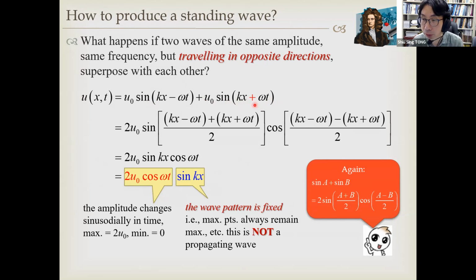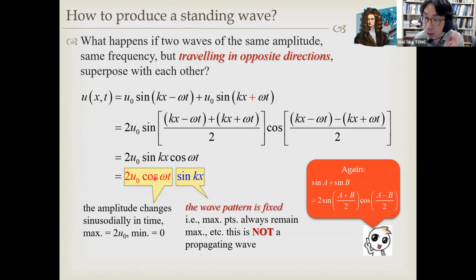You should have that trigonometric factor involving kx minus omega t or kx plus omega t. But now we don't have that, right? We have the time factor and the spatial factor separate from each other.